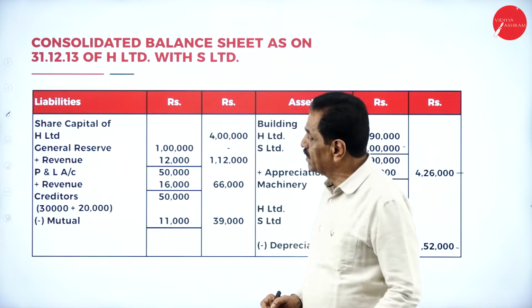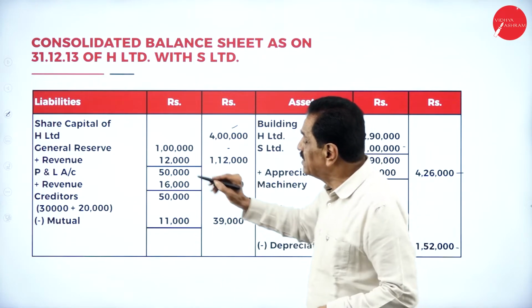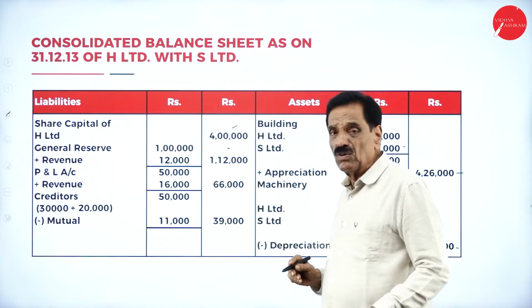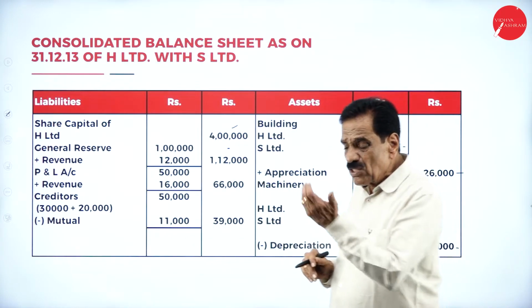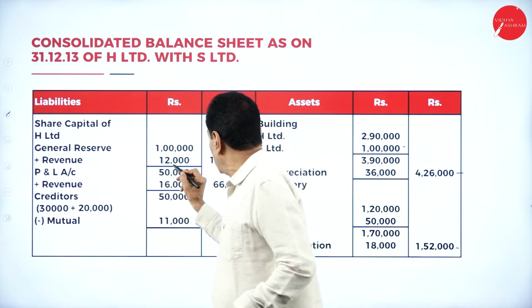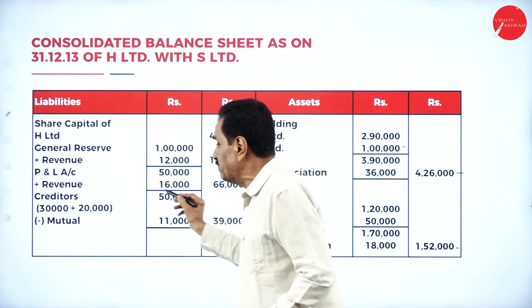Now, the share capital of H Limited, you have to take 4 lakh. General reserve of H Limited is 1 lakh. Add the revenue reserve. We already took the capital reserve; now the revenue reserve has been left out. Add the revenue reserve, and it becomes 1,12,000. Profit and loss account of H Limited is 50,000.